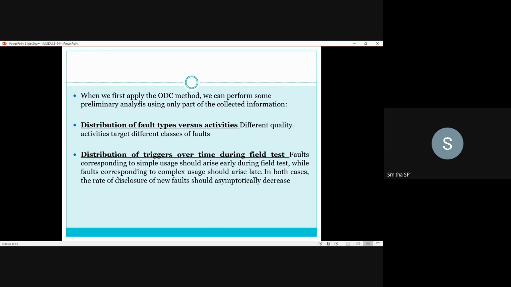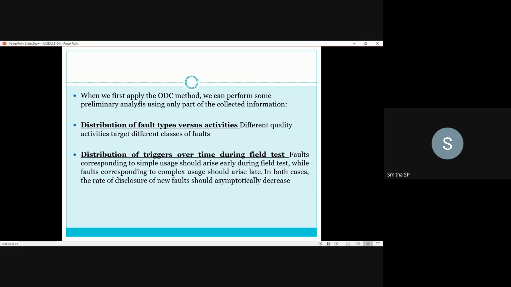The faults corresponding to simple usage should arise in the earlier stage, and the faults corresponding to complex usage should arise in the later stage.